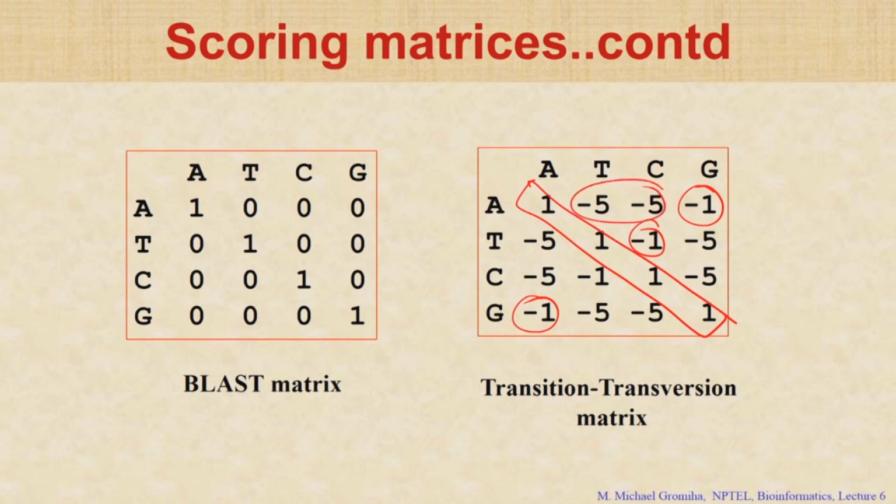If you make this score, what will happen in the alignment? Mostly those alignments will be preferred where it is purine to purine. So, either they try to match, or if they have to mutate, they try to make the similar type of amino acid residue or nucleotides. They avoid the other way around, but in some instances we cannot avoid it, and in this case we give less score, this is minus 5. Okay, this is for the nucleotides. What will happen in the case of amino acids? How to deal with amino acids?